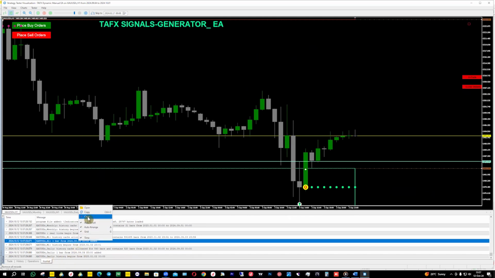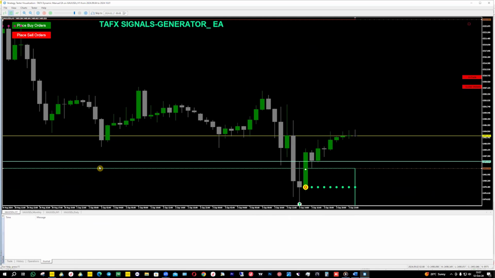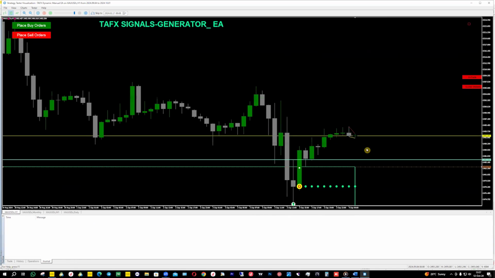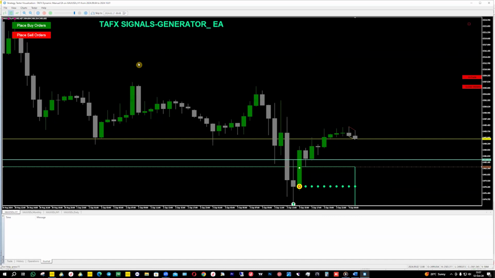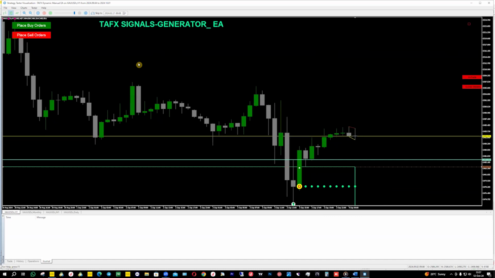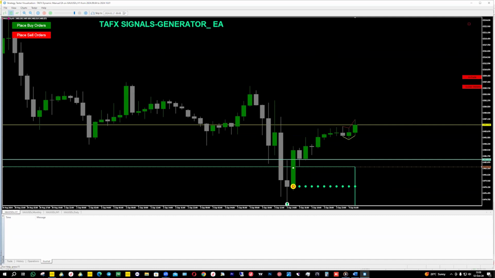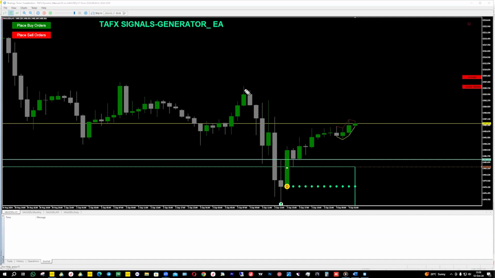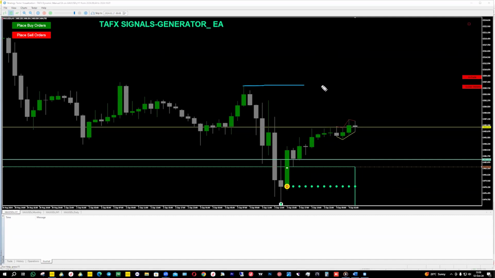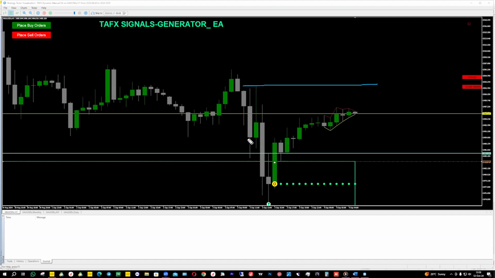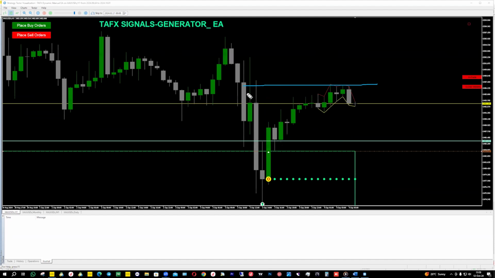The good thing is to clear the histories there and wait for the system to generate a signal and send the signal to us. So now remember, this is the strategy where we wait for the market to break this major inducement, or to have a BOS or the change of character, whatever. That is the work of the system.